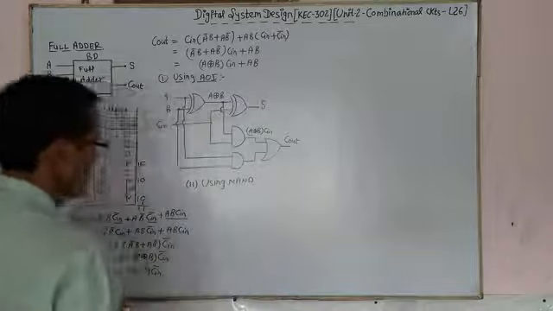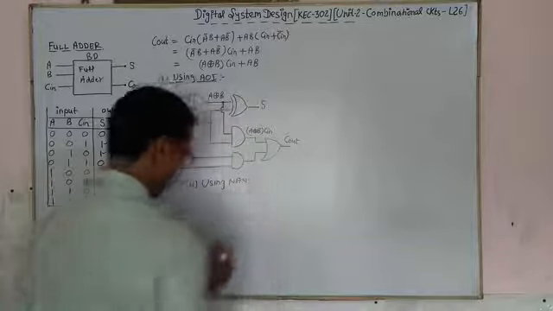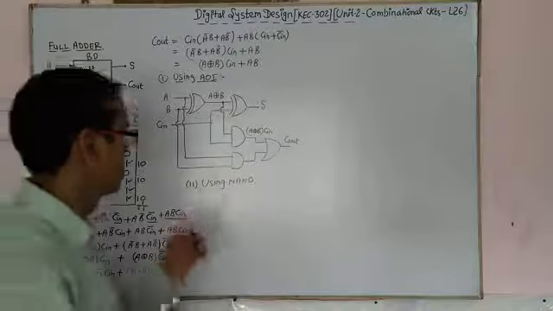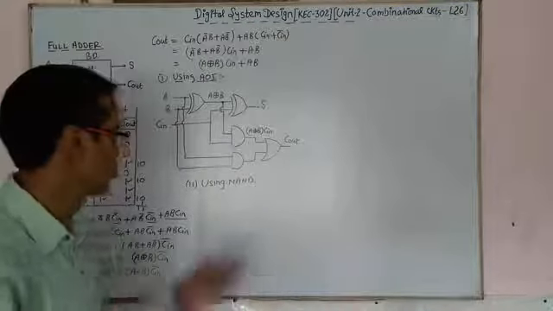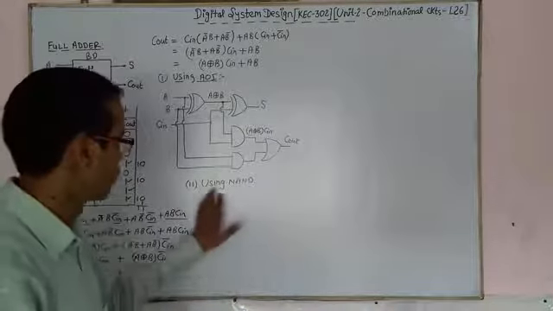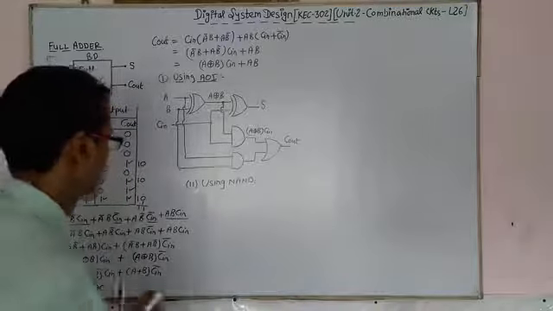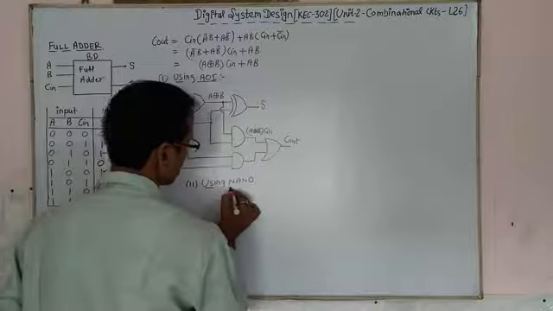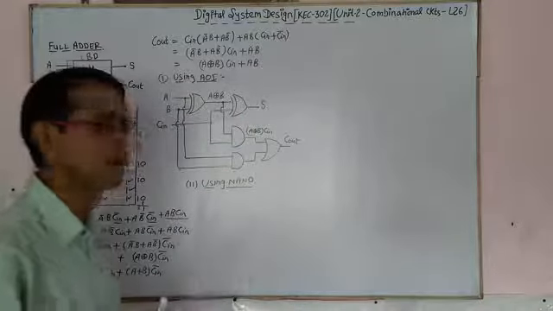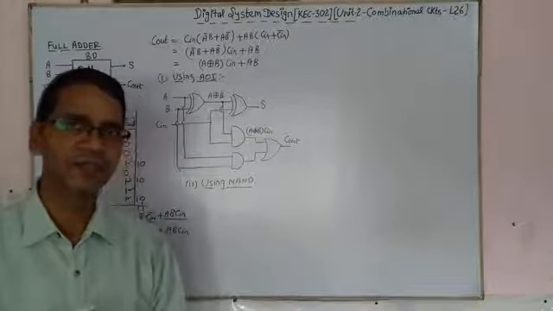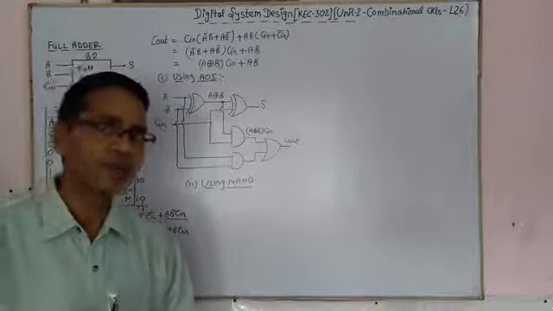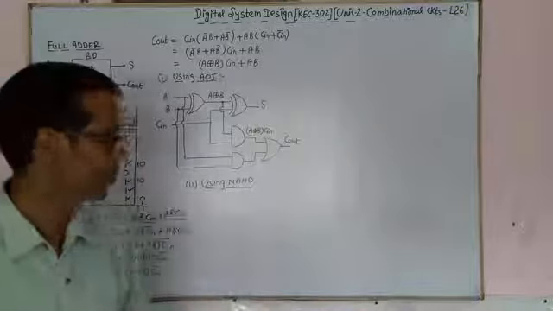Using NAND gate, as I told you in the previous lecture, we have also done the implementation of half adder using NAND gate. What is the condition for the implementation using NAND gate? I have already told you. If you are using NAND gate, NAND means you have to multiply each term, each input. In NOR gate, you have to sum each term.